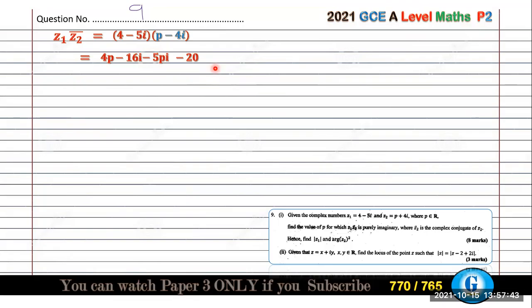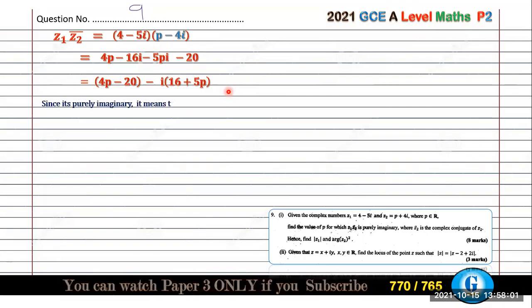So if we bring the like terms together, we have 4p minus 20 minus i into 16 plus 5p. So if this complex number is purely imaginary, it means that this real part is equal to 0. So we have 4p minus 20 equal to 0, and our p is equal to 5.